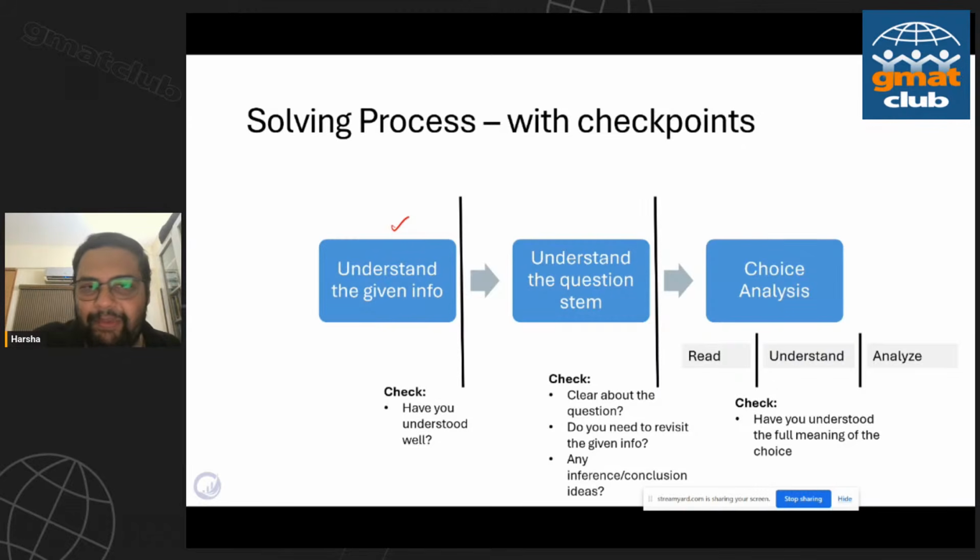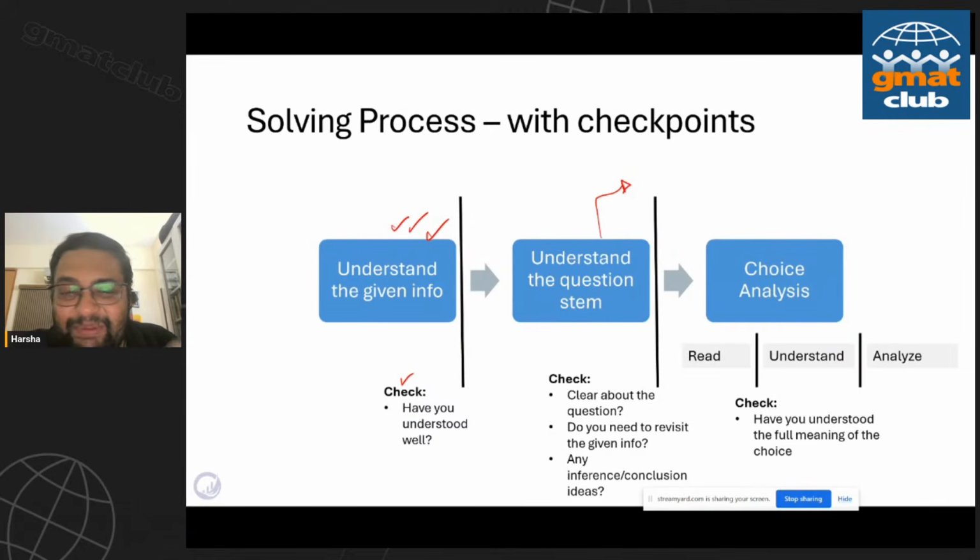So usually I prefer reading the given information first. And even before I go to the question stem, here is a checkpoint that you want to try and incorporate. Really think, have you really understood it? If you have not understood it at all, maybe give an extra 20 seconds and try to figure it out right there, because that will save you a lot of heartburn downstream. Then, of course, I think I've shown you one thing today, that is those question stems matter. Are you dealing with a pure inference question? Are you dealing with a strengthen question?